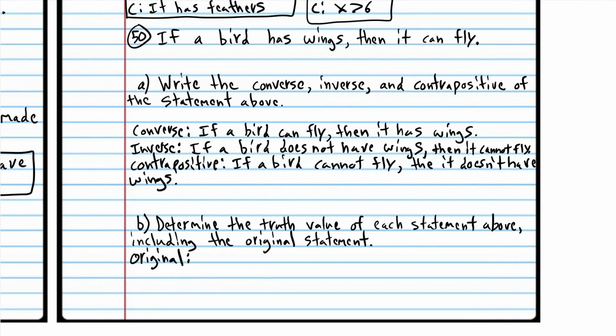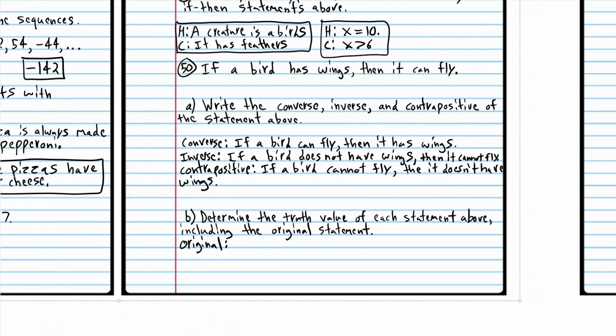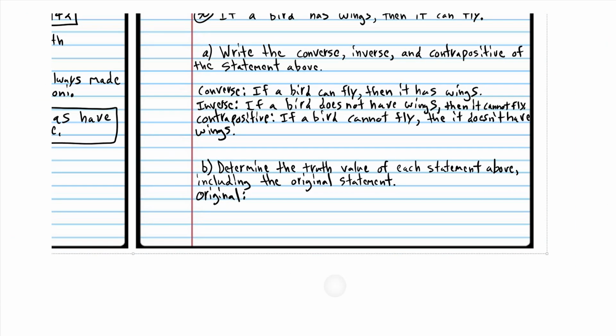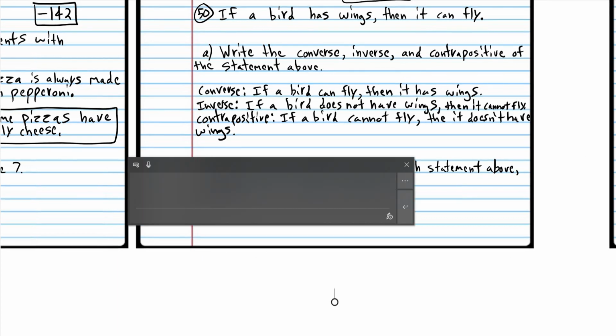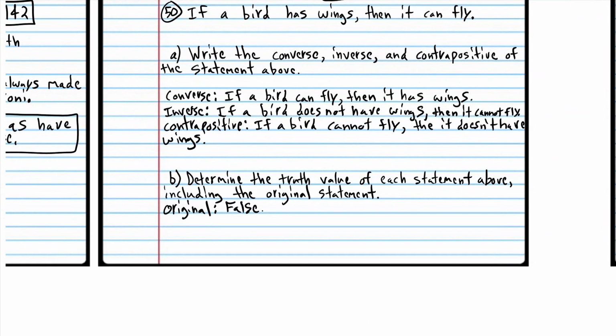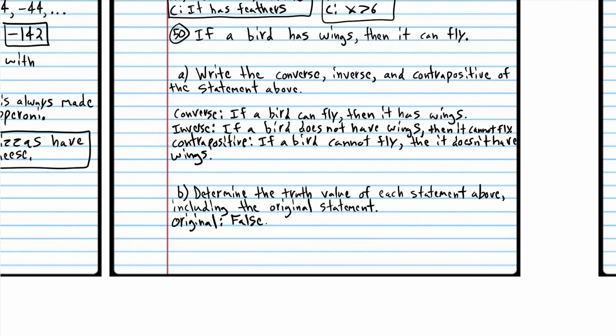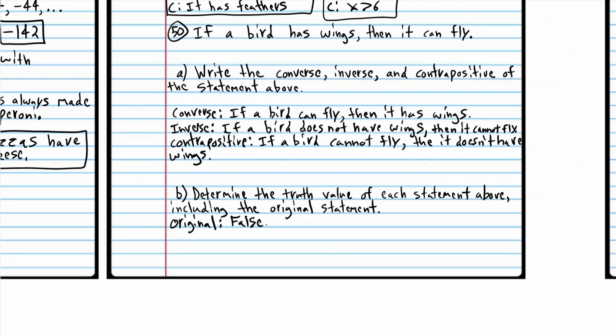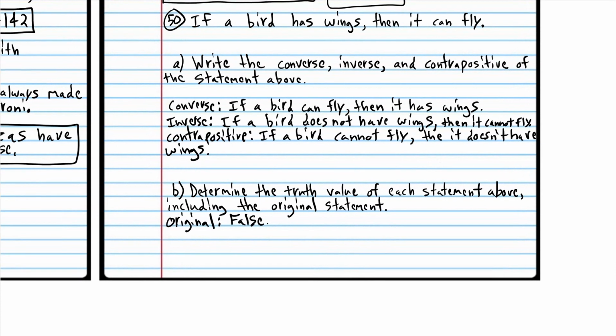Well, if you know anything about turkeys, I don't think, if I remember correctly, turkeys can fly. Maybe they can. I don't remember that, but I know ostriches don't fly. So I think there's quite a few birds that have wings that don't fly. So we know that that's false, because I know ostriches can't fly. All right, and so that's the original statement.